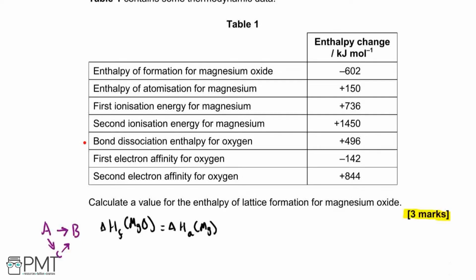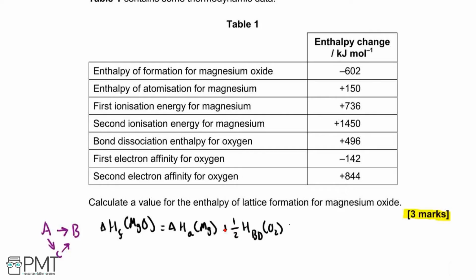So this isn't quite the same as our enthalpy of atomization, as we only have half a mole of oxygen molecules to form our mole of magnesium oxide, as oxygen molecules are O2, and we only need one oxygen atom per molecule of magnesium oxide. So we are actually only going to have half of our bond dissociation enthalpy for oxygen.